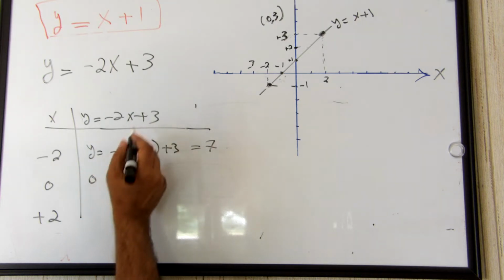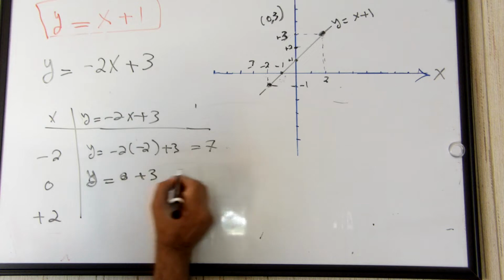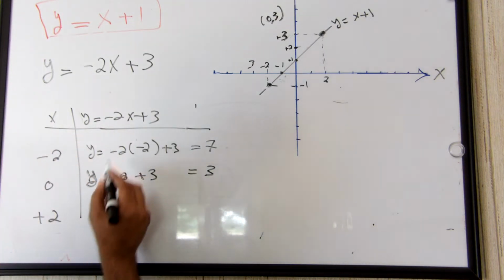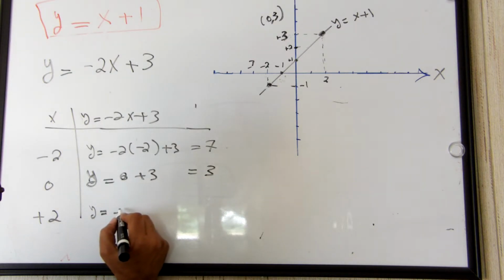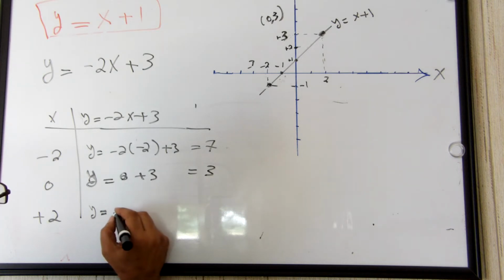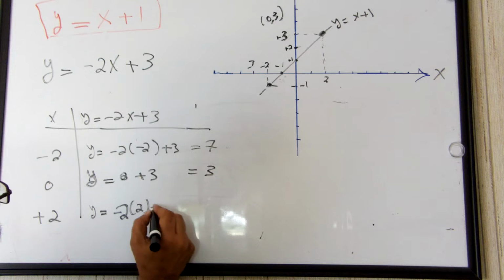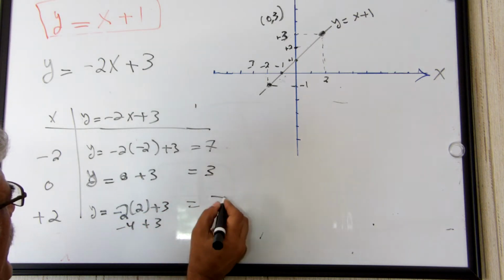If x is 0, y is equal to 0 plus 3, which is 3. If x is 2, minus 2 times 2 is minus 4, plus 3 is equal to minus 1.